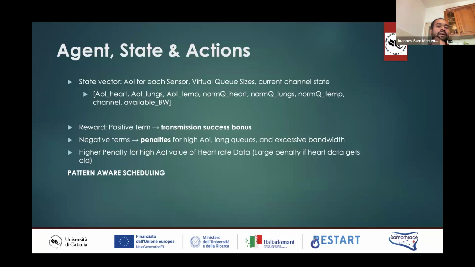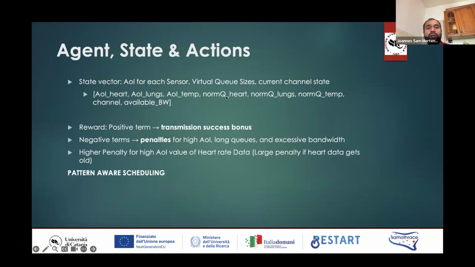The state vector is like this: the age of information of the heart, the lungs, and the temperature, and also the normalized Q value of the heart, lungs, and temperature. When I say Q, because there is one single channel, there is one single queue in which there is heart sensor data, lungs sensor data, and temperature sensor data, but there are three virtual queues. So how many values of the heart rate data are waiting in the queue?